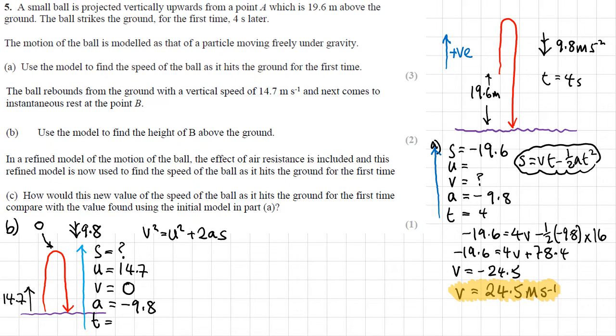And we simply put our values in. 0 squared is equal to 14.7 squared plus, and we want to add 2 times by negative 9.8 s.